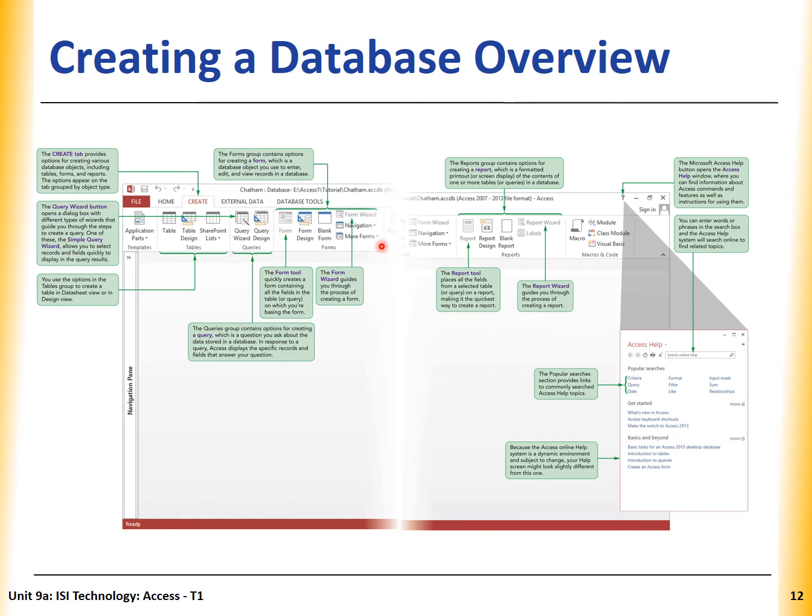This group is called Forms. It has the Form tool and Form Wizard. This group is for Reports. It has a Report tool and Report Wizard. And if you need any help, you can just click on the question mark over here to get the help from Access, which is built into Access.